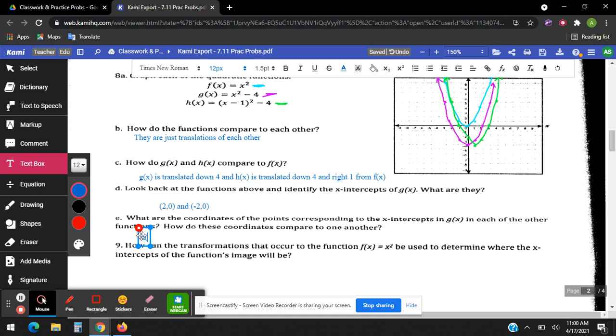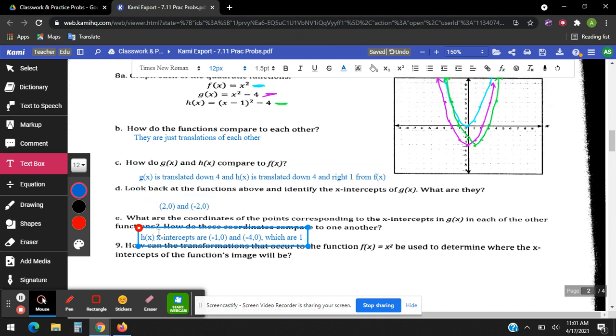so h of x, x-intercepts are, we say -2, nope, -1 and 4. (-1, 0) and (4, 0), which are 1... Oh, wait, 3.